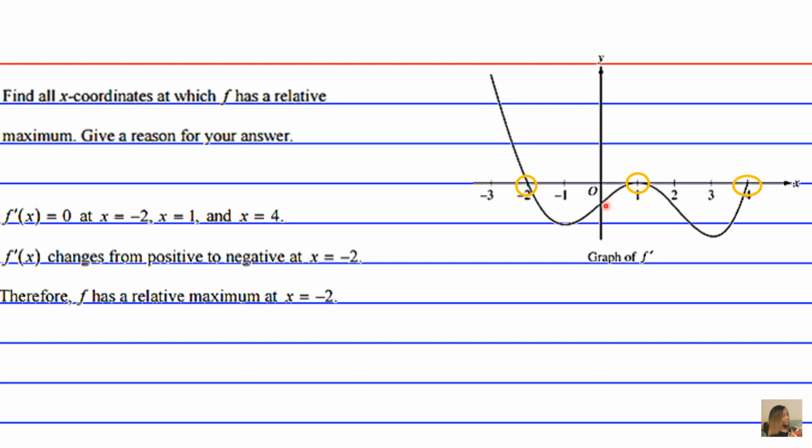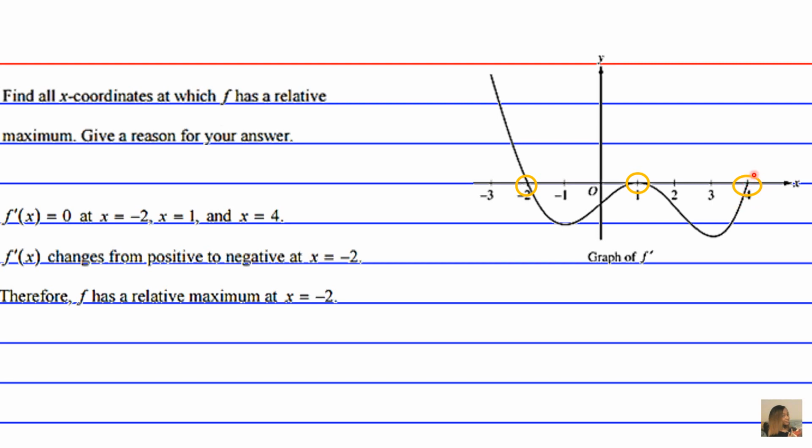Notice the f prime of x goes from negative to negative, so we don't have a relative maximum or anything. And this seems to be going from negative, and then it seems like it's going to be positive.